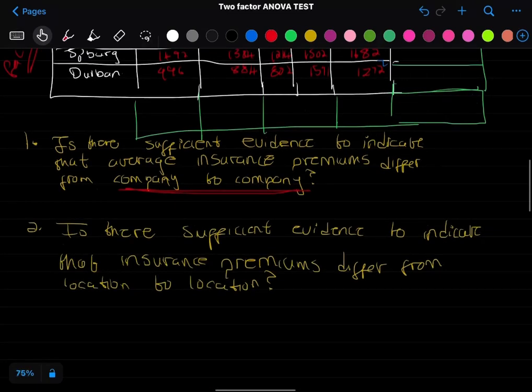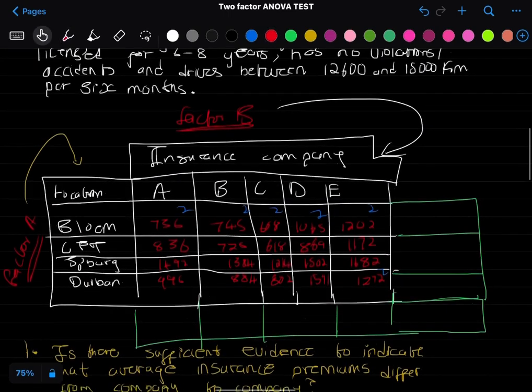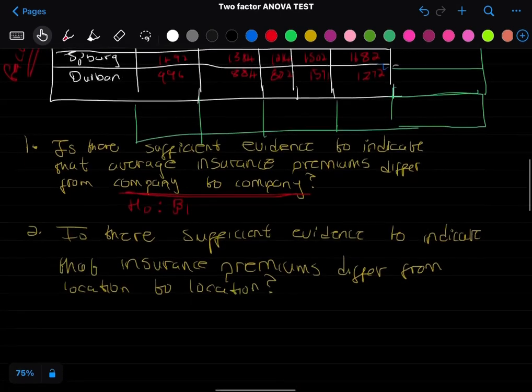So our null hypothesis will be H0: beta 1 equals beta 2 equals beta 3 equals beta 4 equals beta 5, which equals 0. We have 5 companies.